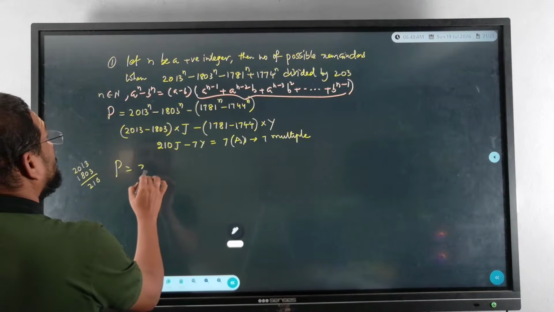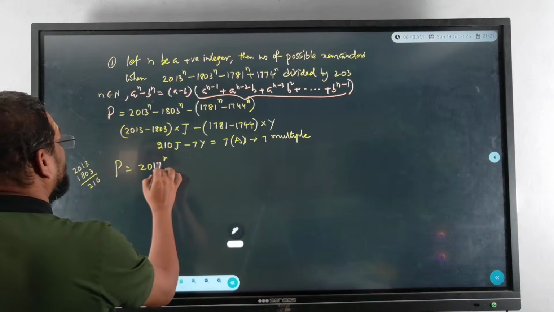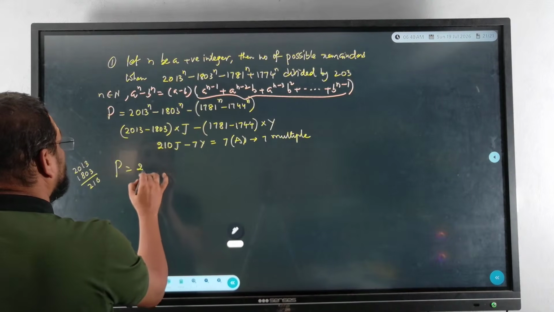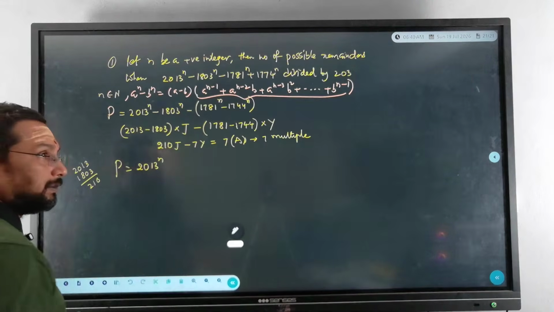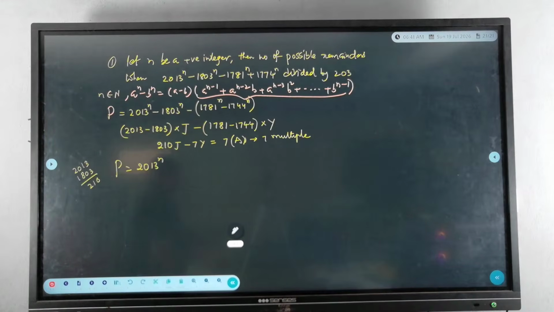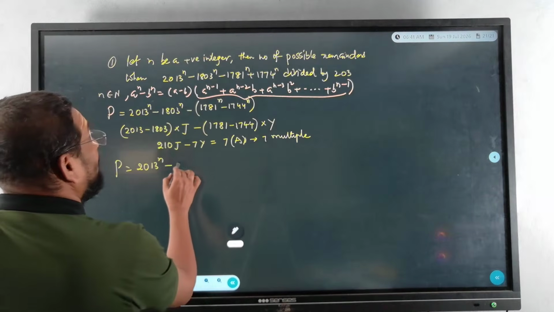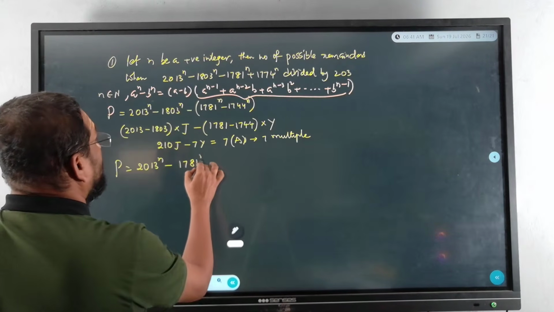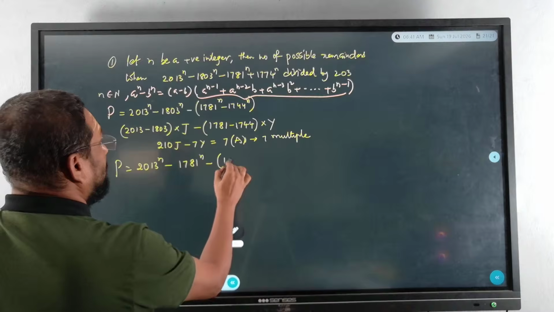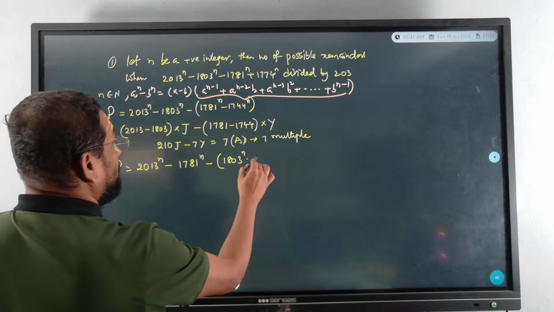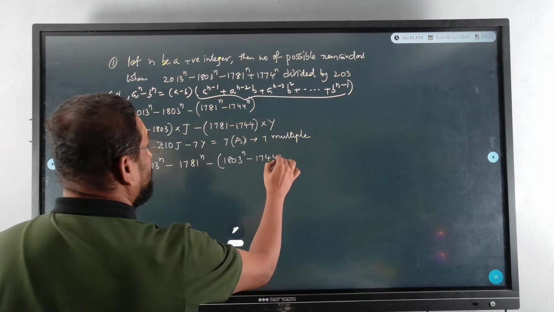Now P is equal to 2013 power n minus 1781 power n, minus 1803 power n minus 1774 power n, taking minus as common.